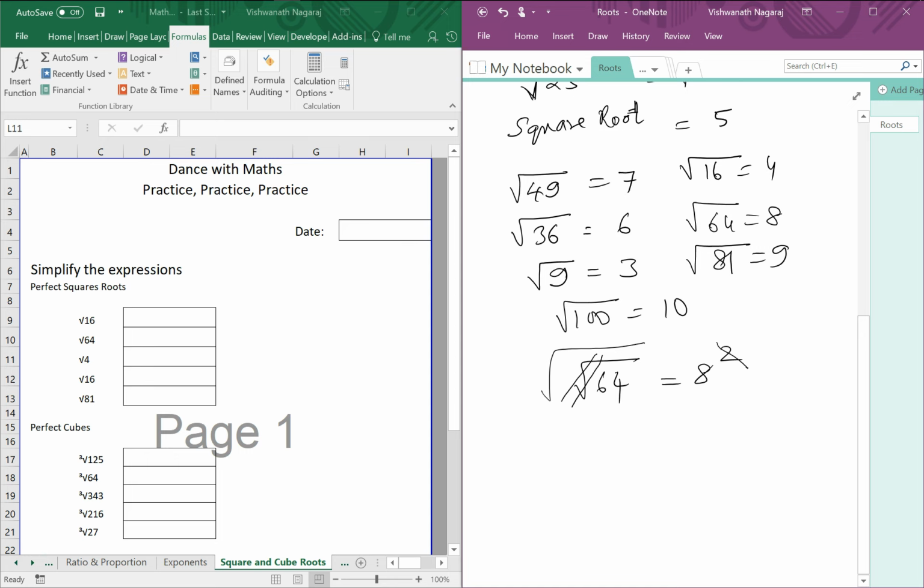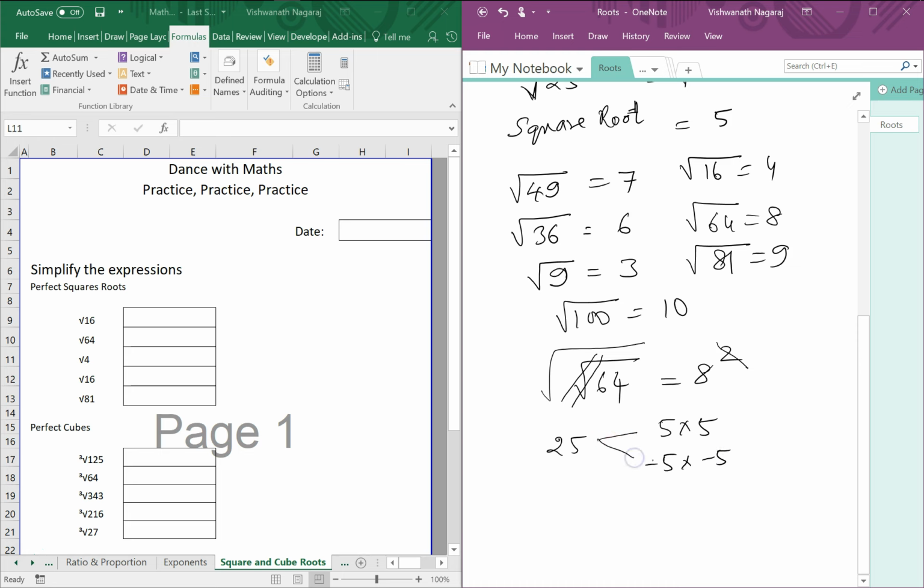That is one thing. Second thing is very important: when we use this symbol, we are talking of the positive root. Because what is that number which when multiplied by itself gives you 25? Actually, there are two numbers. 5 into 5 will give you 25, but minus 5 into minus 5 will also give you 25.